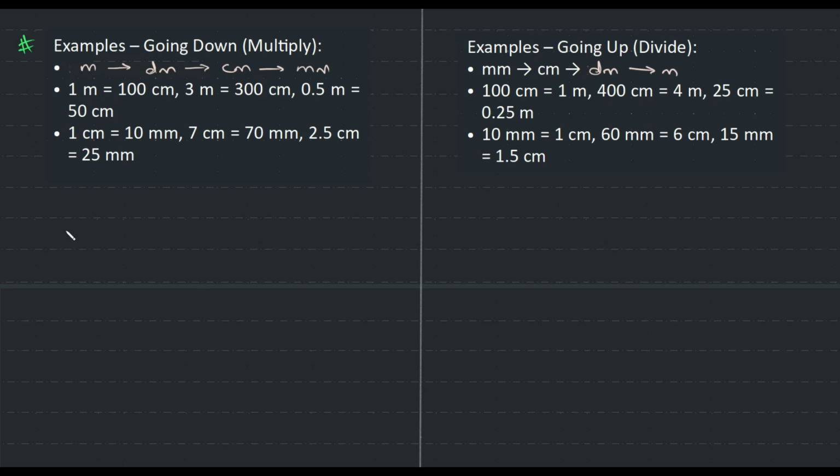So for example, how many centimeters is 1 meter? We know that meter is higher. So we have 1, 2 steps, and since this is higher, I need to multiply. So this is basically 10 into 10 centimeter, that is 100 centimeter.